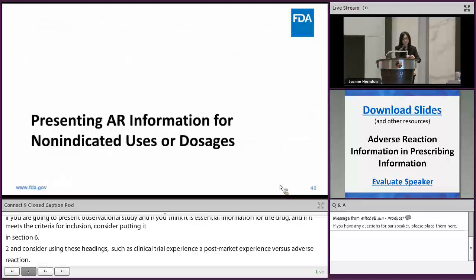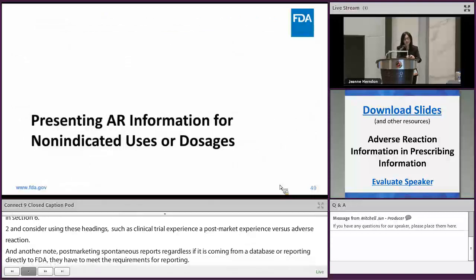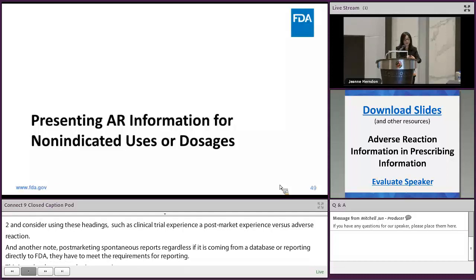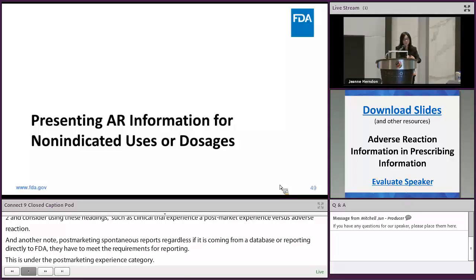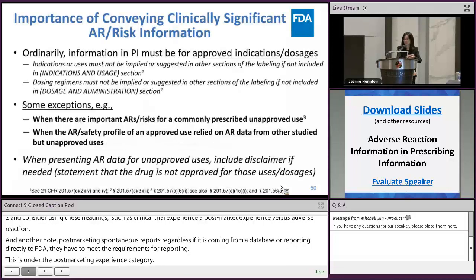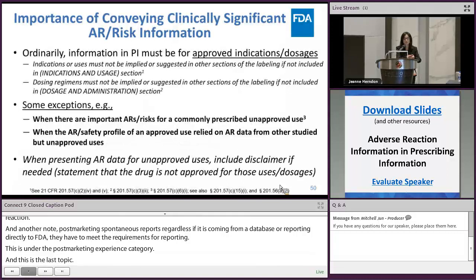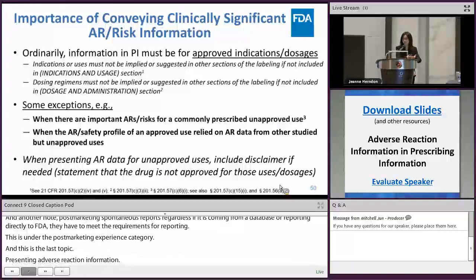Okay, so this is the last topic: presenting adverse reaction information for non-indicated uses or dosages. As you know, ordinarily the PI should be restricted to information related to approved indications and dosages, and that's to prevent the unintended suggestion of use in non-approved usages or dosages.